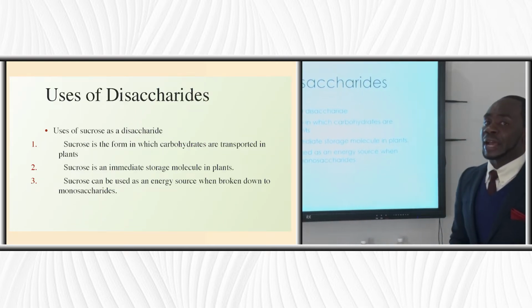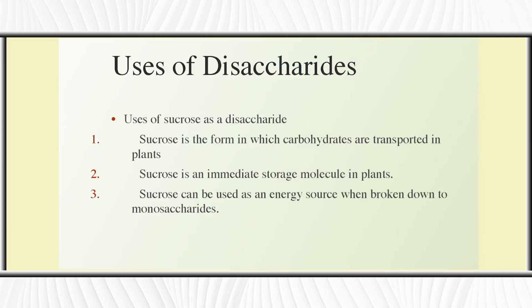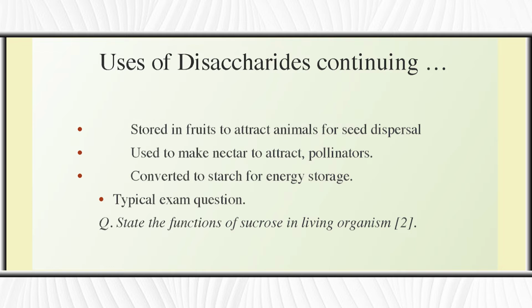Uses of disaccharides. Uses of sucrose as a disaccharide. 1. Sucrose is the form in which carbohydrates are transported in plants. 2. Sucrose is an intermediate storage molecule in plants. 3. Sucrose can be used as an energy store when broken down to monosaccharides. 4.